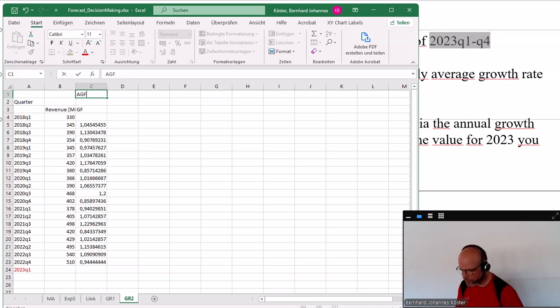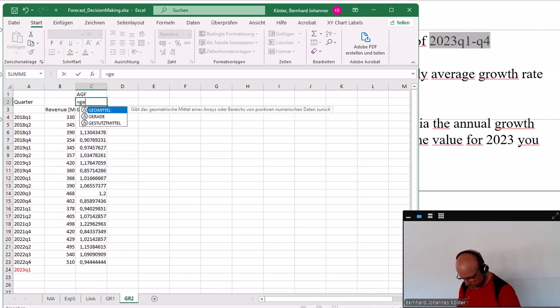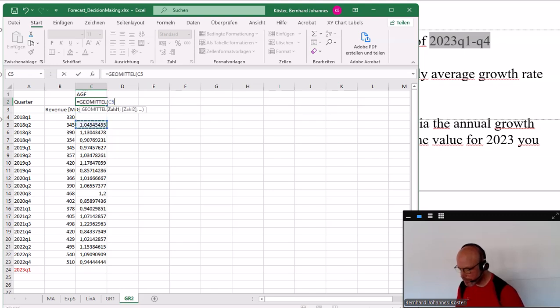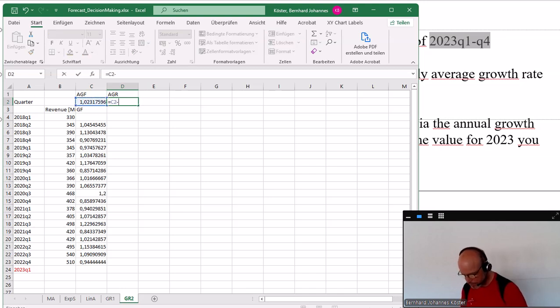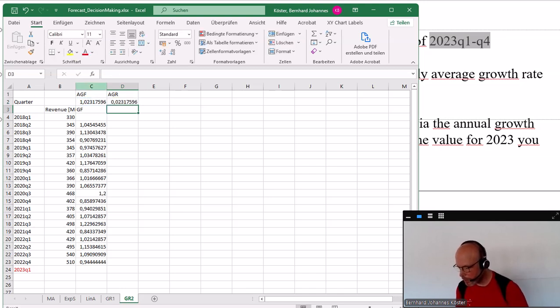The average growth factor would be then the geometric mean of our growth factors. The average growth rate is then this minus 1, also in percent, and then the forecast.